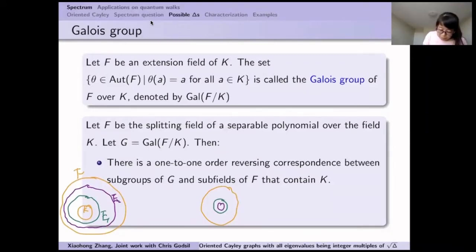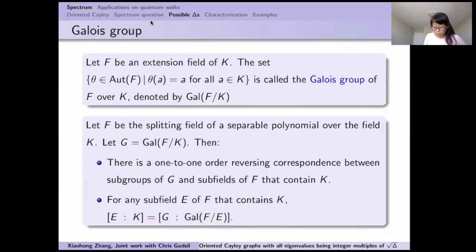More to that, the degree of the extension E over K is equal to the index of the subgroup in the original big Galois group. So that's the correspondence of extension degree and subgroup index.